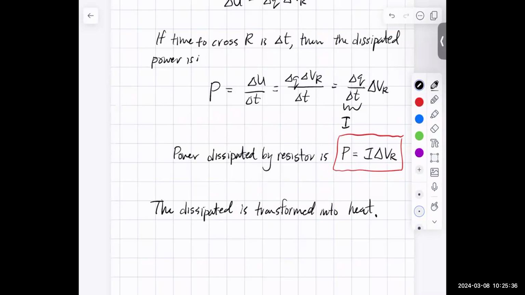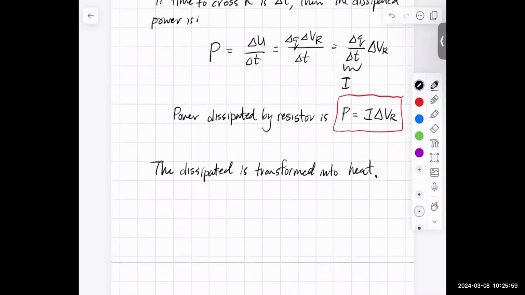Where's that energy source coming from? From the battery, that's exactly right. So if you want to have a stable circuit operating with stable current, then any energy that is dissipated into heat has to be replenished using some kind of source of energy. And so that could be a battery, for example.